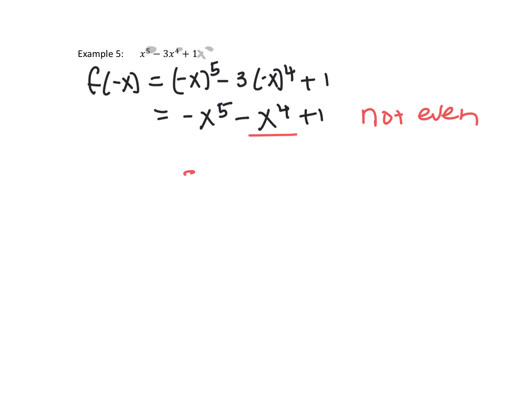So when I factor the negative out, this becomes x to the power 5 plus x to the power 4, and this is going to be negative 1. And see, this here is not like the original. This is not the same as f of x.